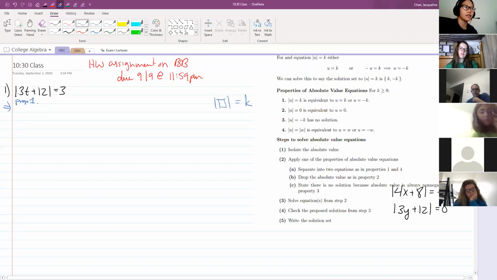Yeah, so that's the definition of an absolute value. So yes, you can rewrite it as 3t plus 12 is equal to 3. If you have the absolute value of 3, that is equal to 3. If you have the absolute value of negative 3, that is also equal to 3. So you can just negate this whole thing.